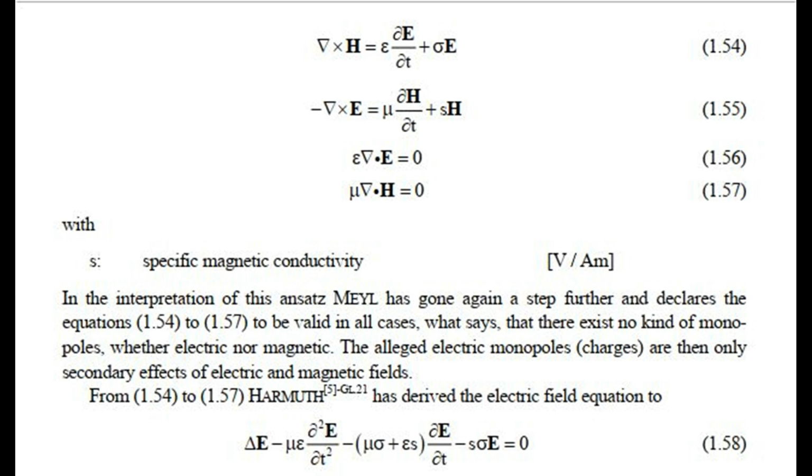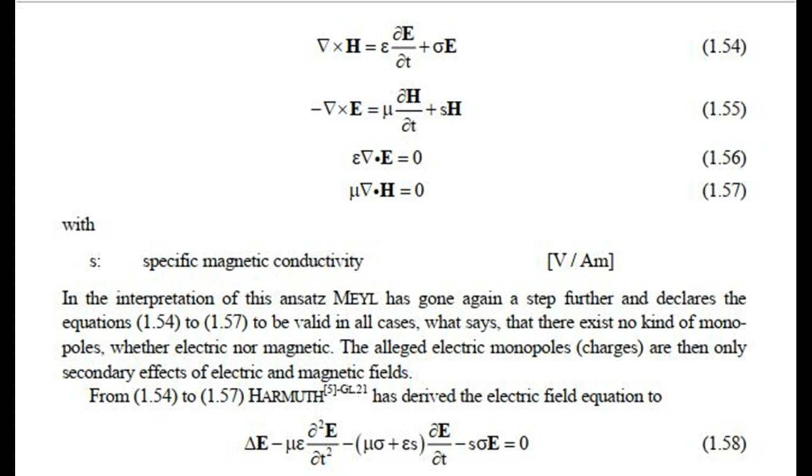In the interpretation of this ansatz Meyl has gone again a step further and declares the equations 1.54 to 1.57 to be valid in all cases, which says that there exist no kind of monopoles, neither electric nor magnetic. The alleged electric monopoles, charges, are then only secondary effects of electric and magnetic fields.